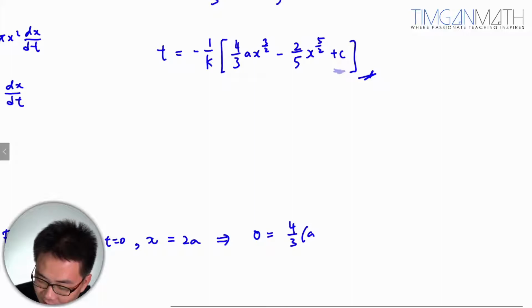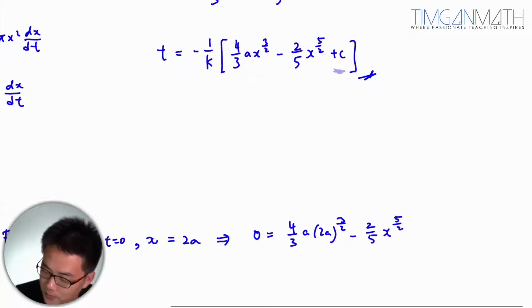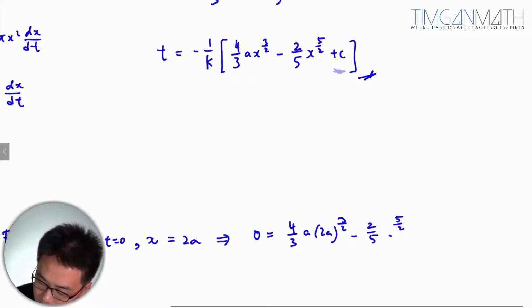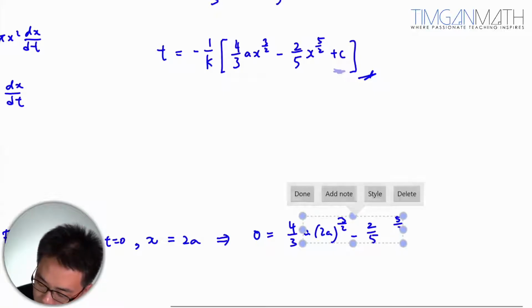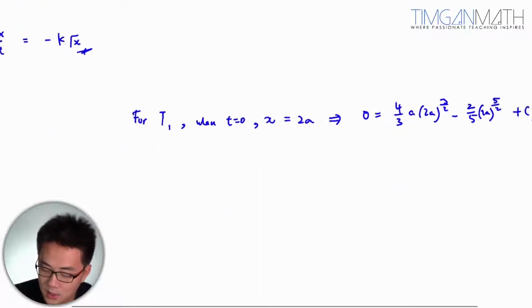So I'll just let it be C1. So this case here will be 2a to the 3 over 2 minus 2/5 times 2a to the 5 over 2, plus C1.